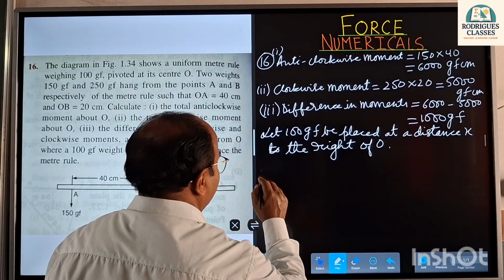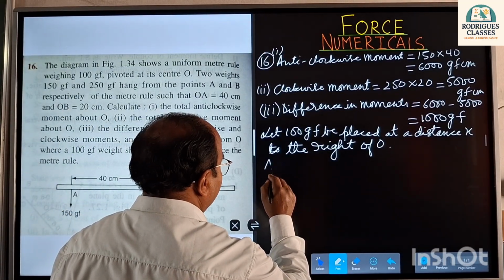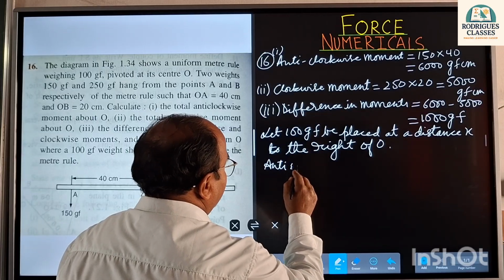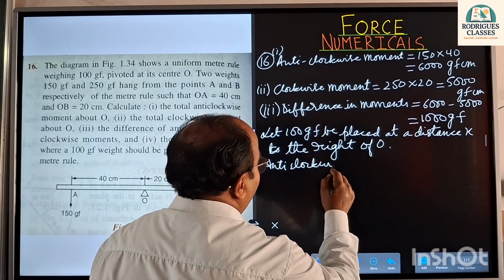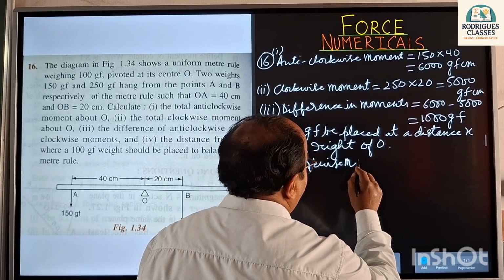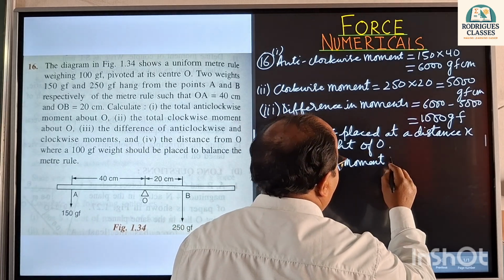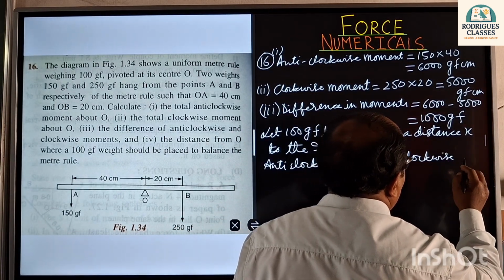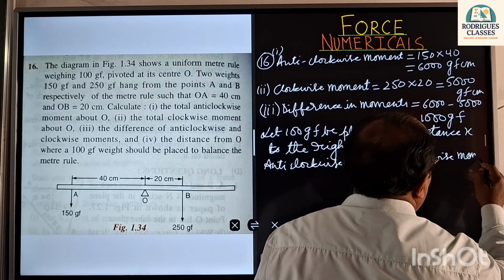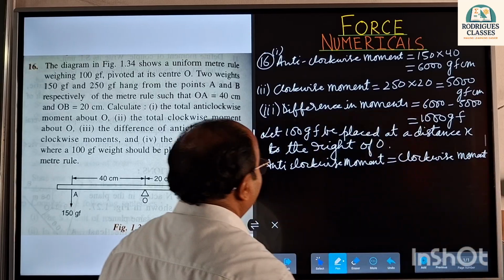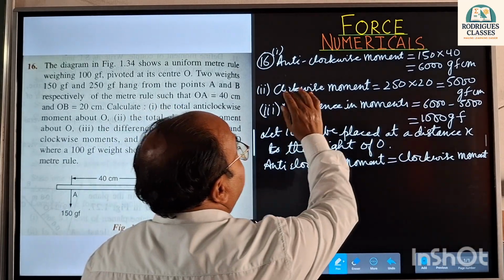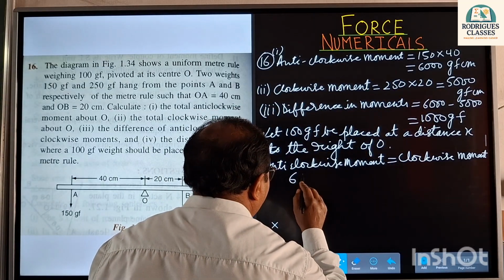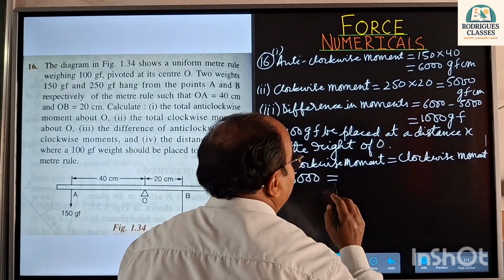So writing by the principle of moment, anti-clockwise moment equals clockwise moment. Anti-clockwise is not changing, so we will write it directly 6,000.